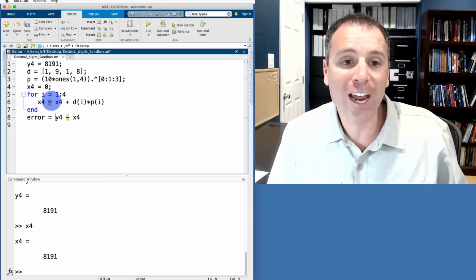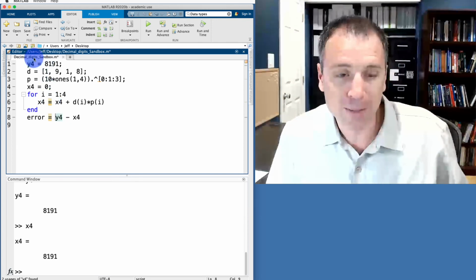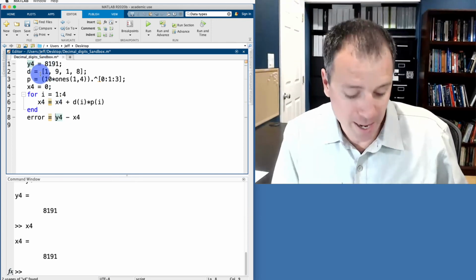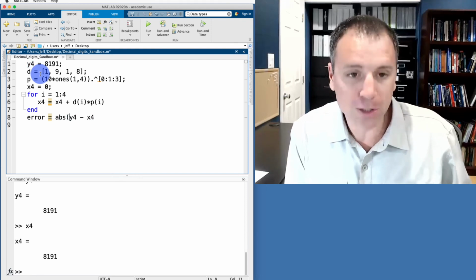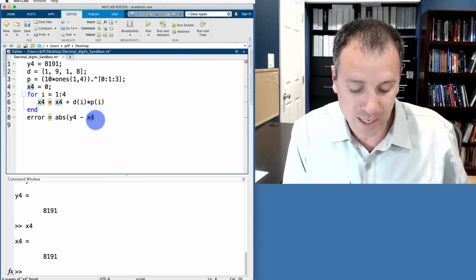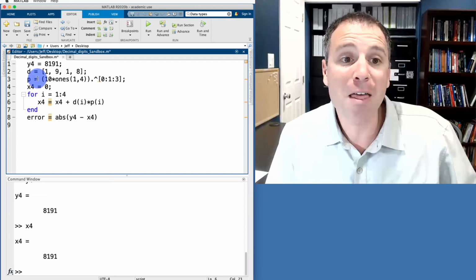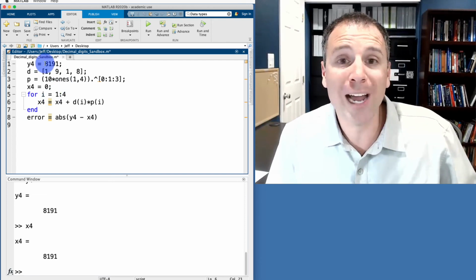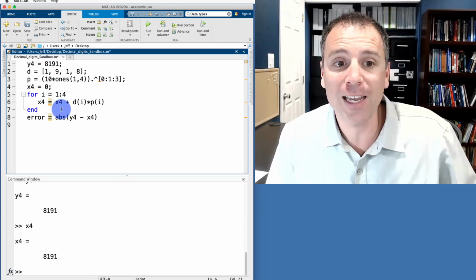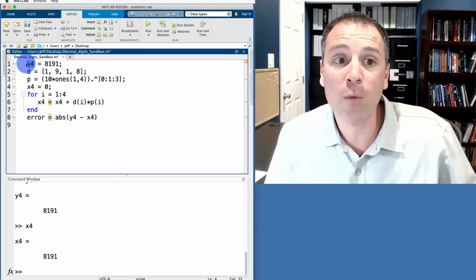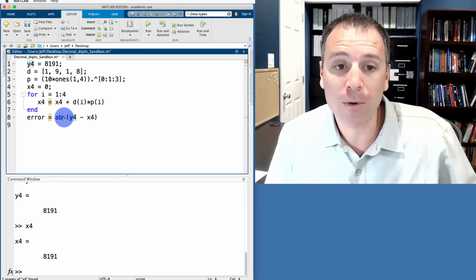If my error is 0, this approximation is exactly equal to that. And then we'll throw an absolute value on that because it could be negative or positive. So the claim is this function will produce my decimal representation exactly if my error between my original number and my calculated number is 0.